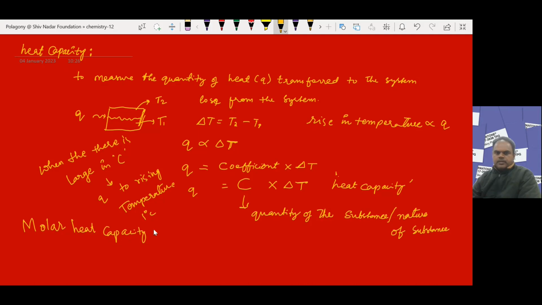So what is molar heat capacity? The molar heat capacity is indicated with Cm, which is the heat capacity per 1 mole of substance.